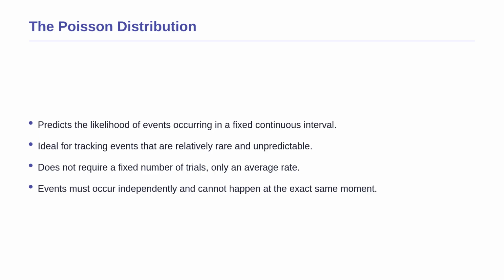The Poisson distribution is designed exactly for this. It is a discrete probability distribution that helps us predict the likelihood of a specific number of events occurring in a fixed interval, especially when those events are relatively rare and unpredictable. You only need to know the average rate at which the events occur, making it essential for tracking disease outbreaks or endangered animals.